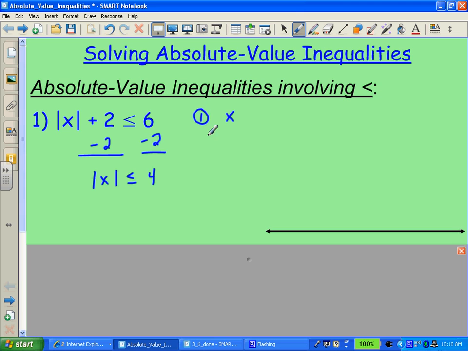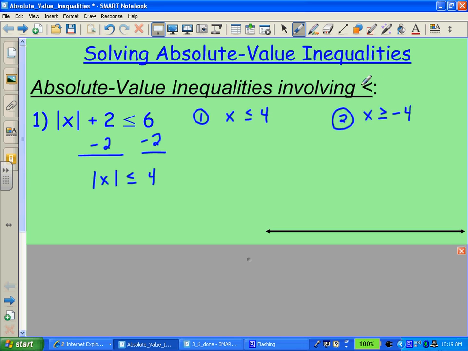I get rid of the absolute value, and I just have x less than or equal to 4. Now in case 2, I'm going to change it to a negative 4 and flip my inequality sign. So case 1, x less than or equal to 4. Case 2, x greater than or equal to negative 4.